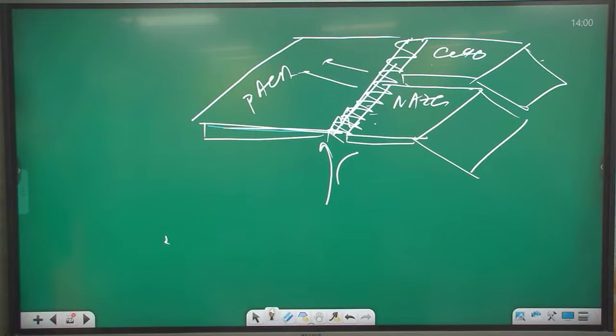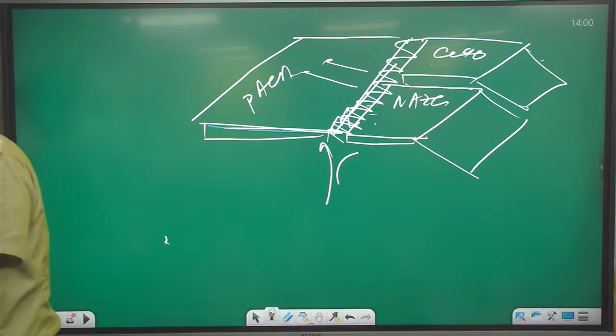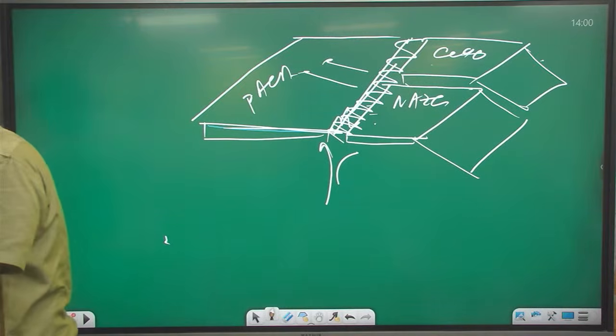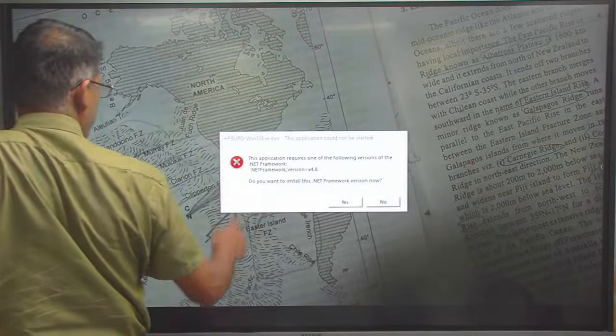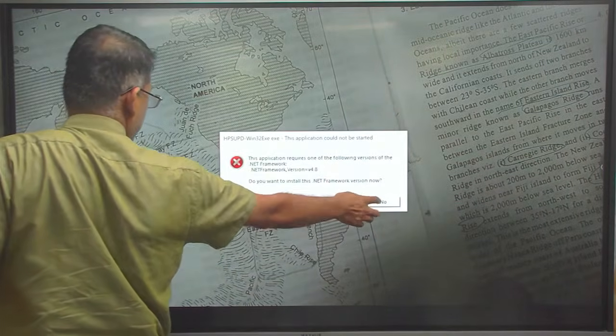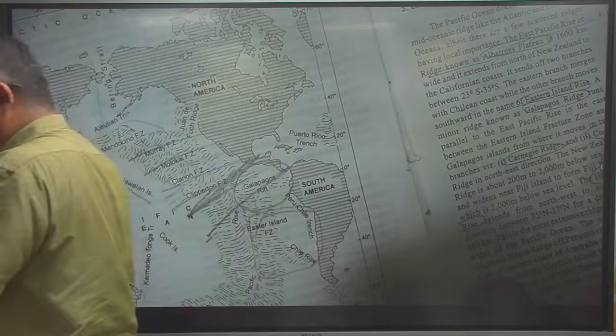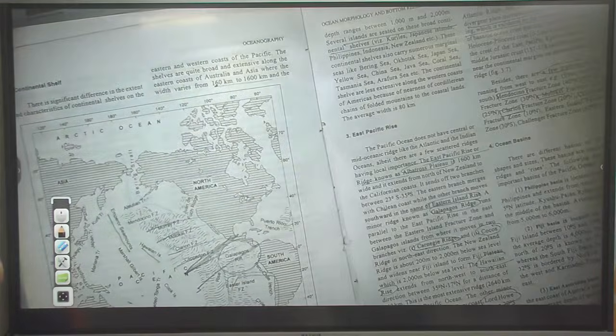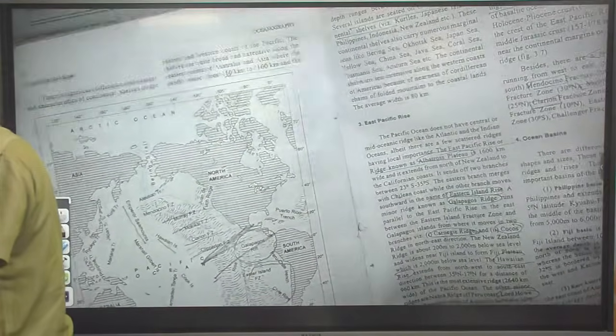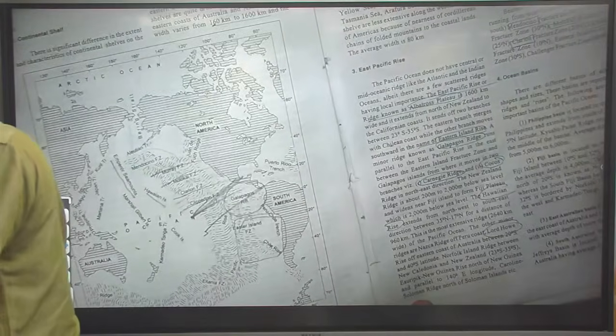Okay, so एक बार आप ये डायग्राम देखो. This is your diagram of Pacific Ocean in your Savindra Singh textbook. Page 80, chapter 3 में है ये.